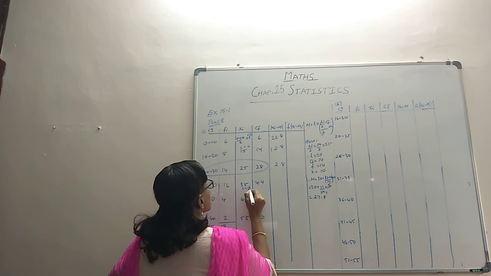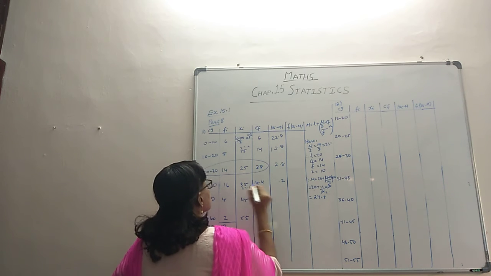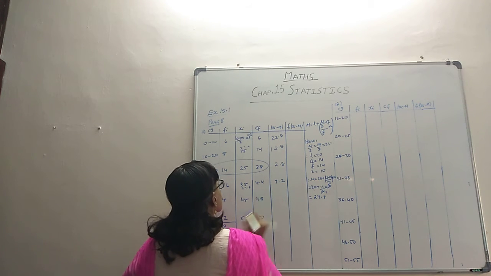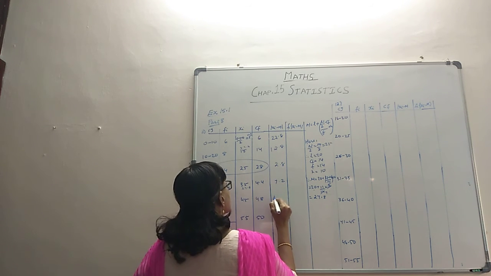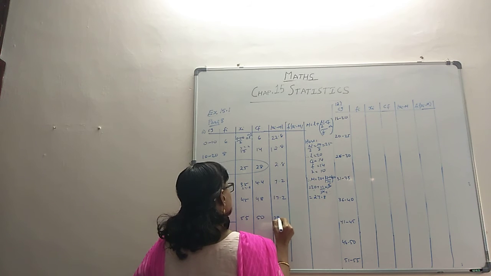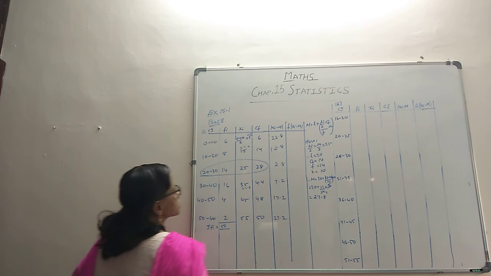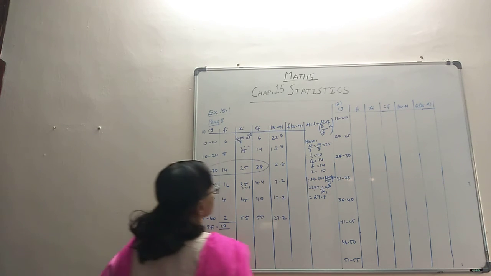Then 35 minus 27.8 is 7.2. Then 17.2, and then 27.2. That's |xi minus M|.